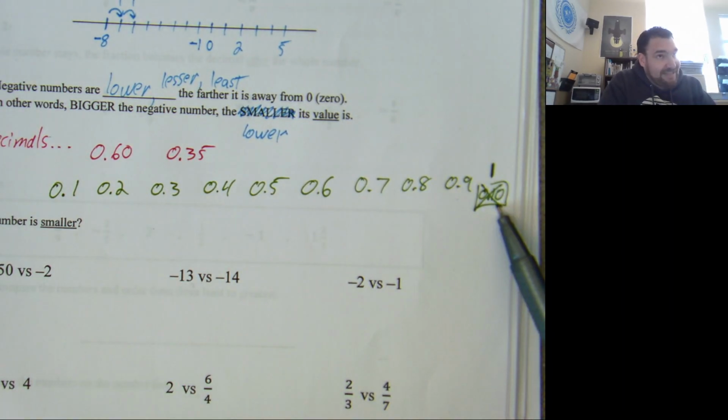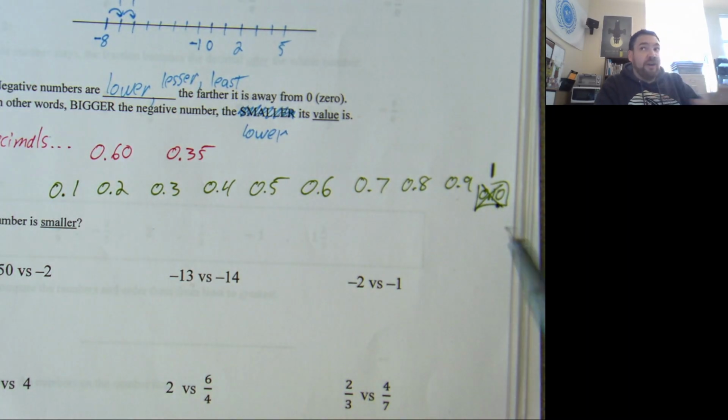This is not 10/10, this is 10 100ths. And so I just want to make that real clear as you're going through these, as we're comparing these values. The language you choose to use can have a positive or negative impact on how your understanding of the mathematics goes.